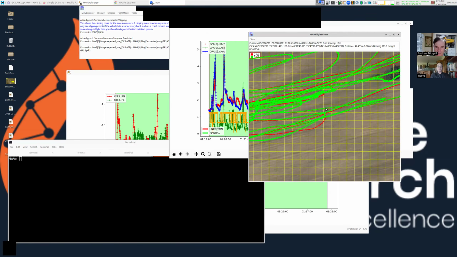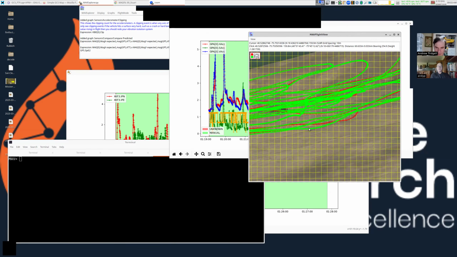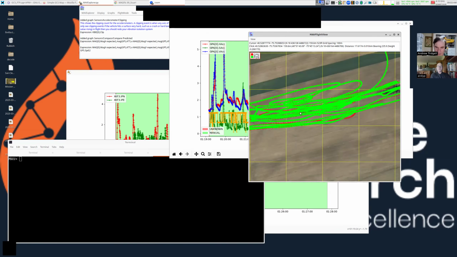Now I can do that by seeing where the middle of the flying field is, which is over sort of here somewhere. And you can see if I move my cursor that there's a number 160 up here. It's about here. So it looks like he's about 160 meters above sea level.